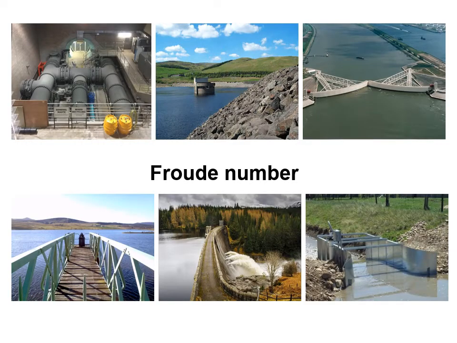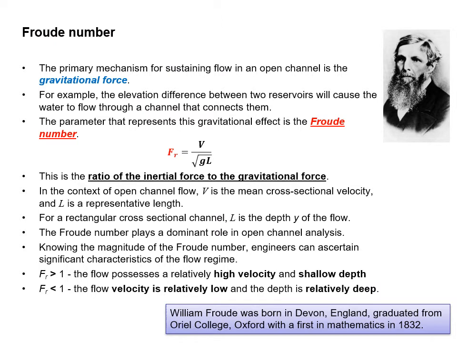So now we're going to have a look at what we call the Froude number. The primary mechanism for sustaining flow in an open channel is a gravitational force. For example, the elevation between two different reservoirs will cause the water to flow through a channel that connects them. The parameter that represents this gravitational effect is the Froude number, and this is the ratio of the inertial force to the gravitational force.